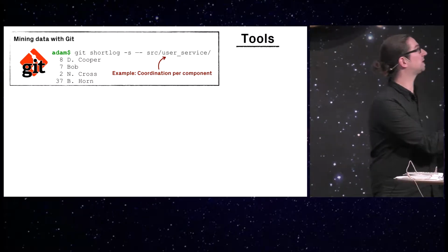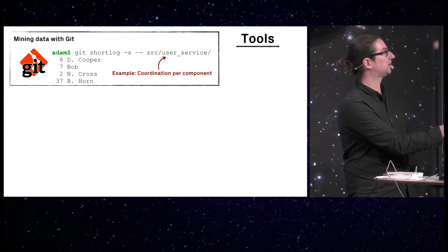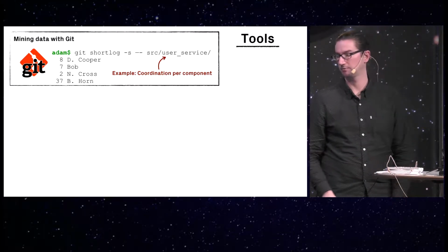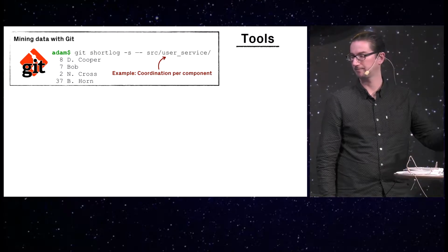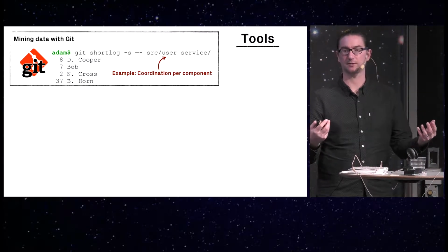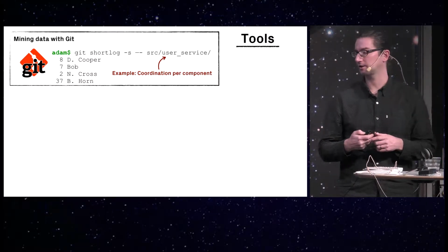You basically point Git shortlog to a particular component, and you can see the fragmentation, which is pretty easy to map into teams. So if you just want to get some experience with these analysis techniques, I recommend starting by playing with the Git log.